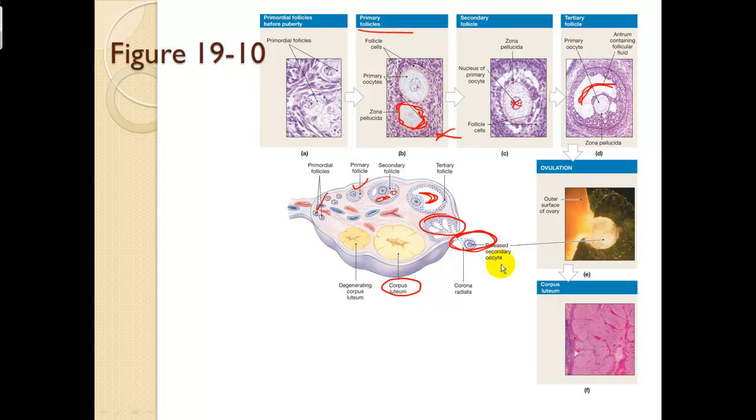Now, if this becomes fertilized and implants into the uterine wall, then the corpus luteum will continue to secrete progesterone to assist the uterine wall in becoming more vascular for the developing fetus. Ovulation occurs, and then we get the development of the tertiary follicle into the corpus luteum.